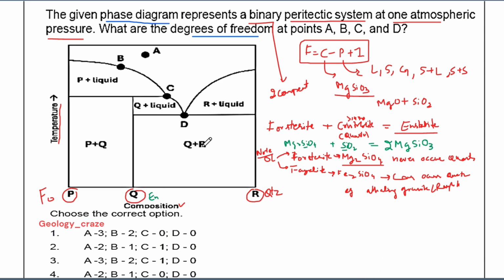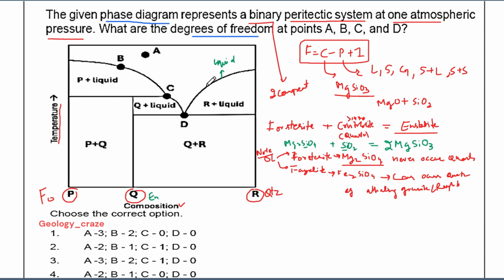So now we have understood so many things. So now we'll start our question. Now we will calculate our degree of freedom. Before that, this curve we call a liquidus curve.